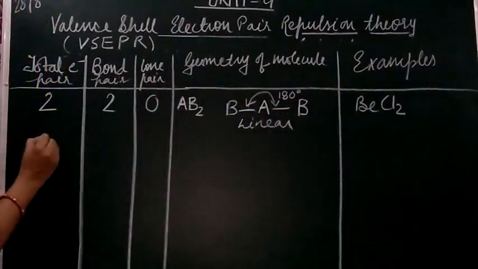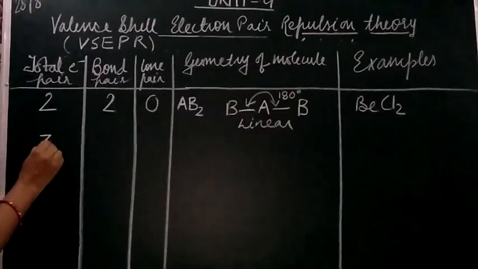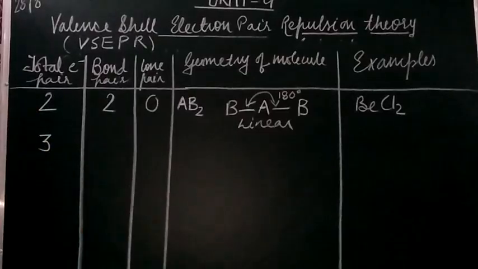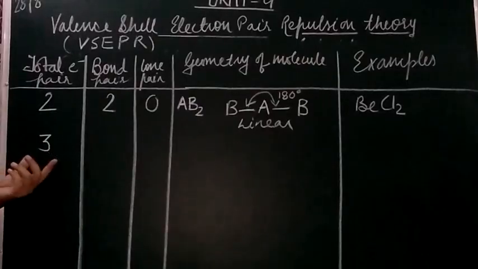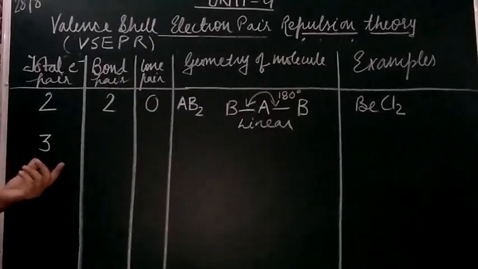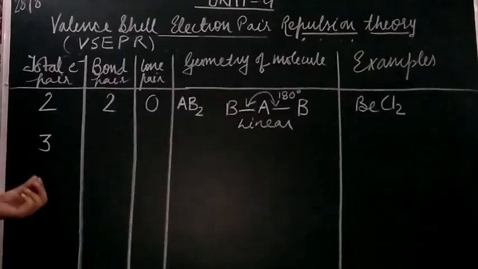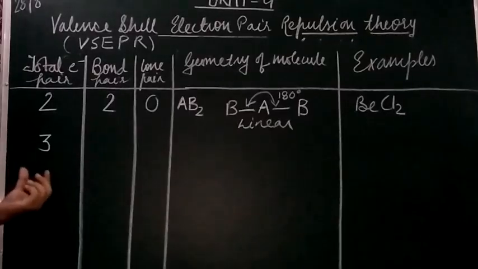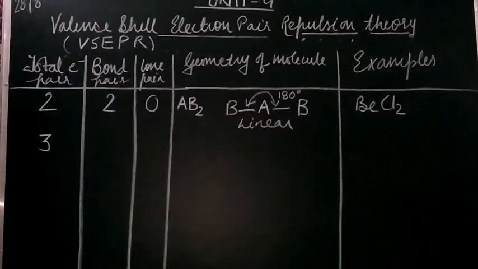Now the second case: around the central atom we have three electron pairs, right students? Here we can have two cases.